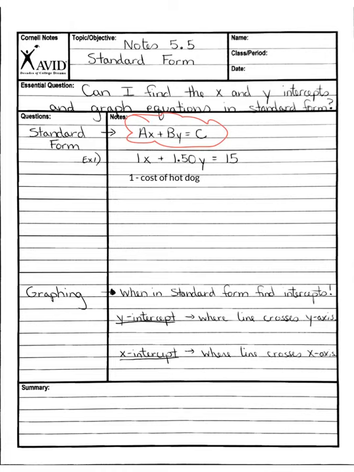The x here would represent how many you're getting, the number of hot dogs you buy. Let's say that you end up getting a soda as well. Let's say the $1.50 represents the cost for a soda. The y then would represent how many sodas you buy, so the number of sodas you buy.